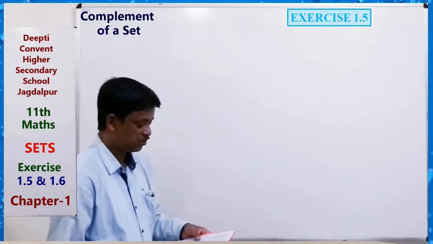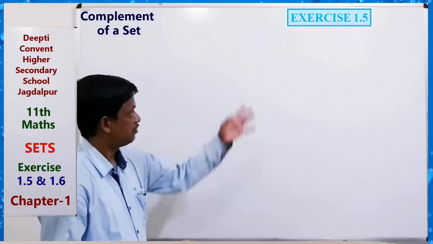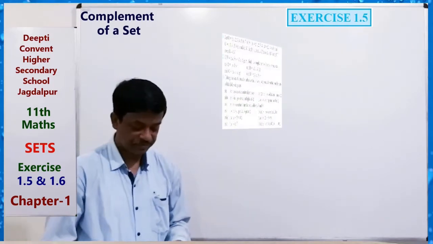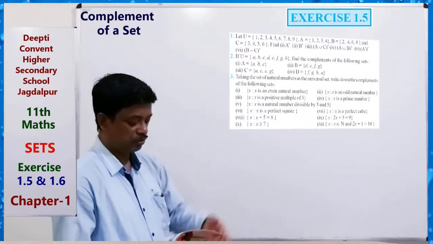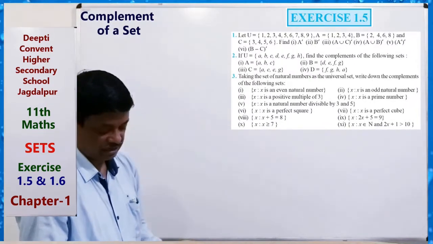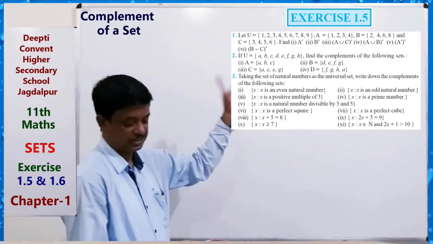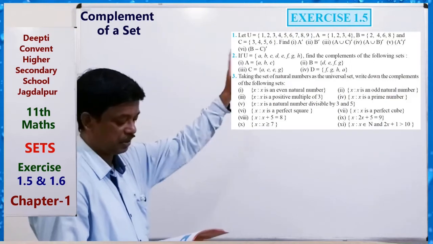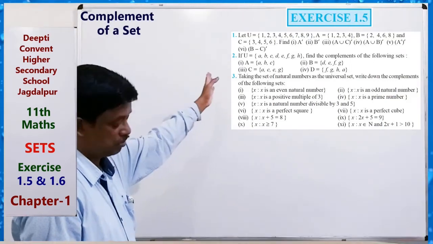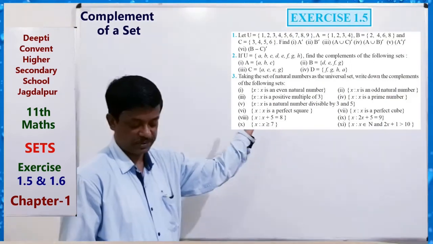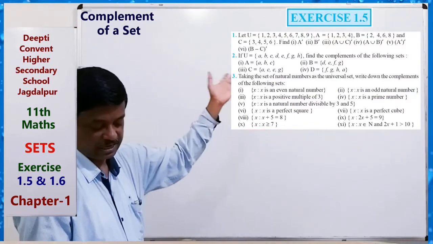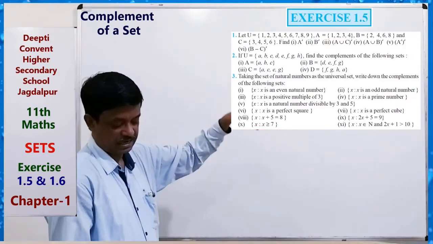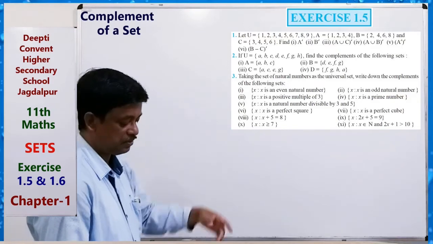So exercise 1.5, first question. The first question is given what? U is 1 2 3 4 5 6 7 8 9, A is 1 2 3 4, B is 2 4 6 8, C is 1 3 4 5 6. Find the values of A dash, B dash, (A union C) dash, (A union B) dash, A dash dash, (B minus C) dash dash.